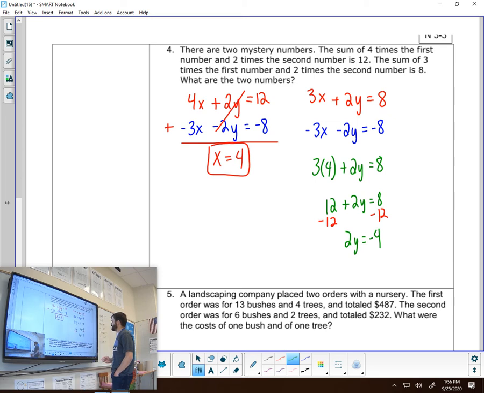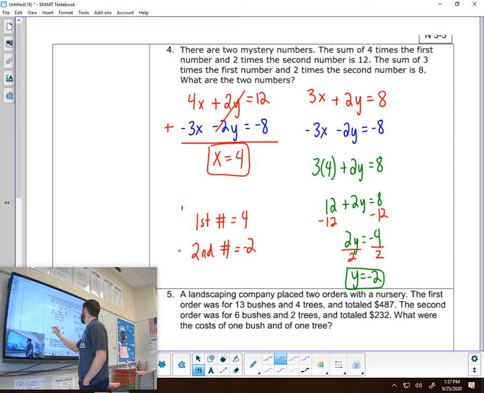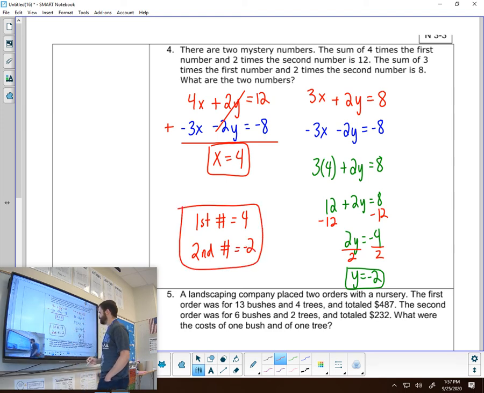Because 8 minus 12 is negative 4, then we can divide both sides by 2, and y is going to equal negative 2. So my first number equals 4. My second number equals negative 2.